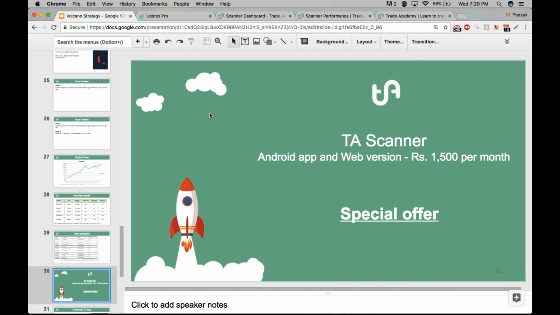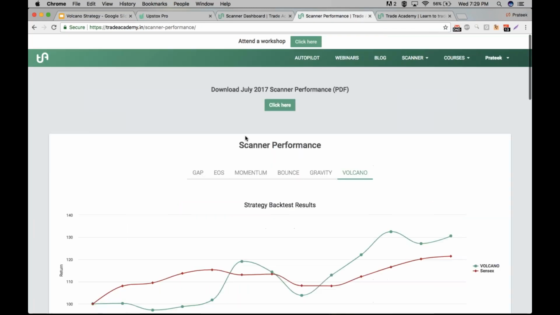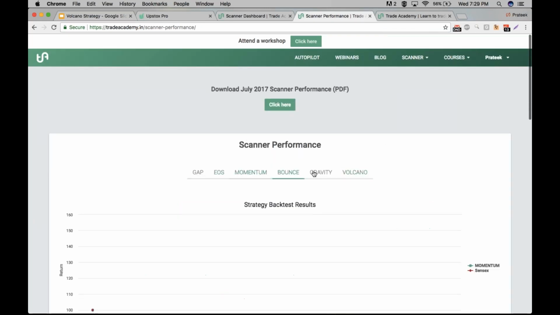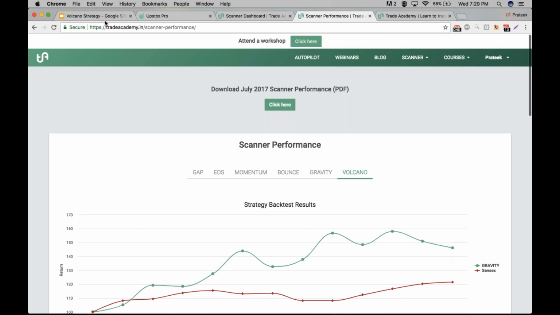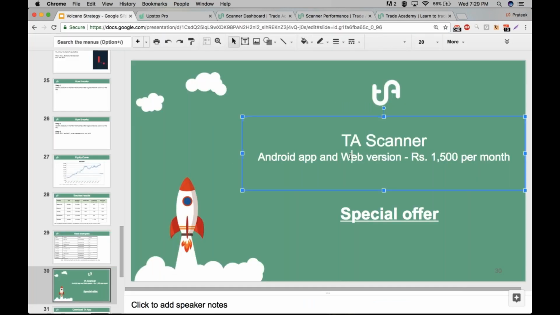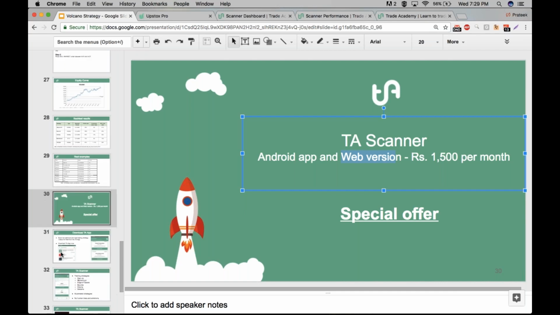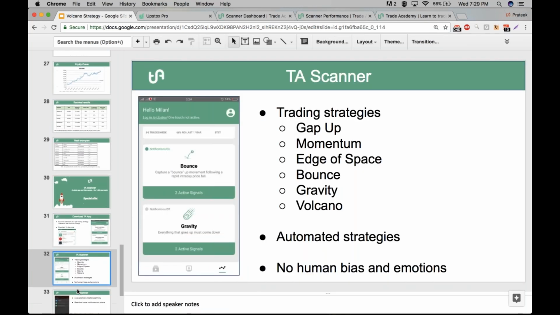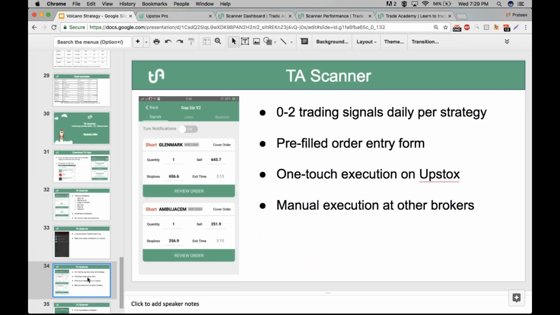All right, perfect. So one last thing before we leave, all of this, guys, can be automated. All of these trades you see here for all of the scanners are automated every day. In fact, if you purchase the scanner on your phone, you will get a direct order. Here's what it looks like. For Gap, for example, this is Gap.